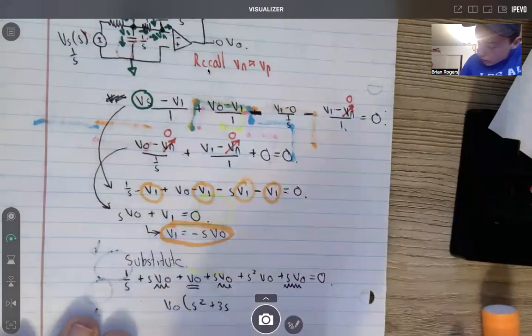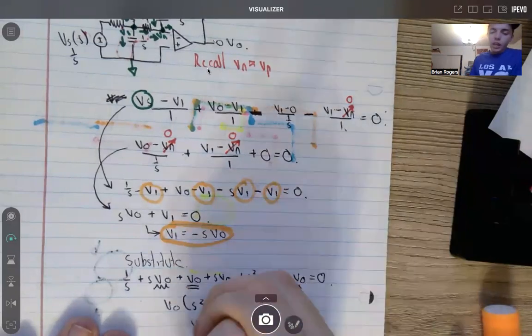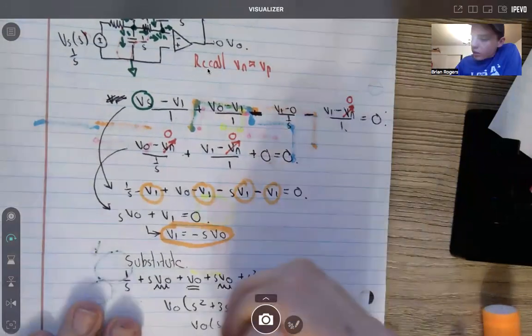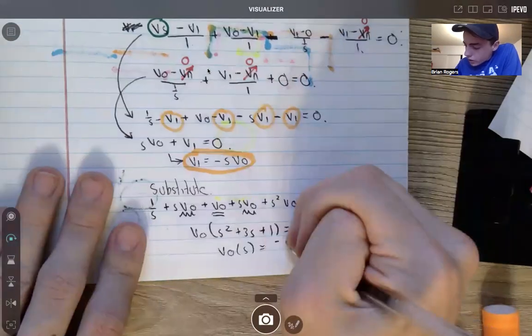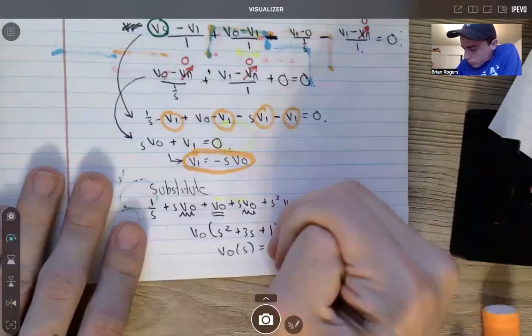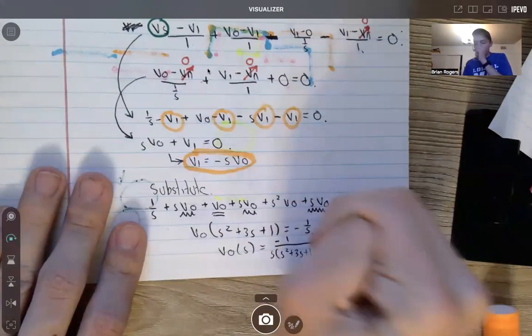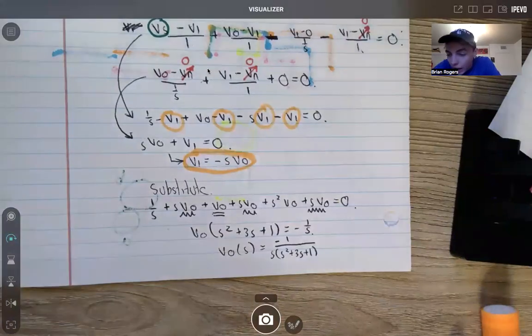So plus 1 and equals negative 1 over S. So V out of S will equal negative 1 all over S times S squared plus 3S plus 1. And so that's how I got my V out of S.